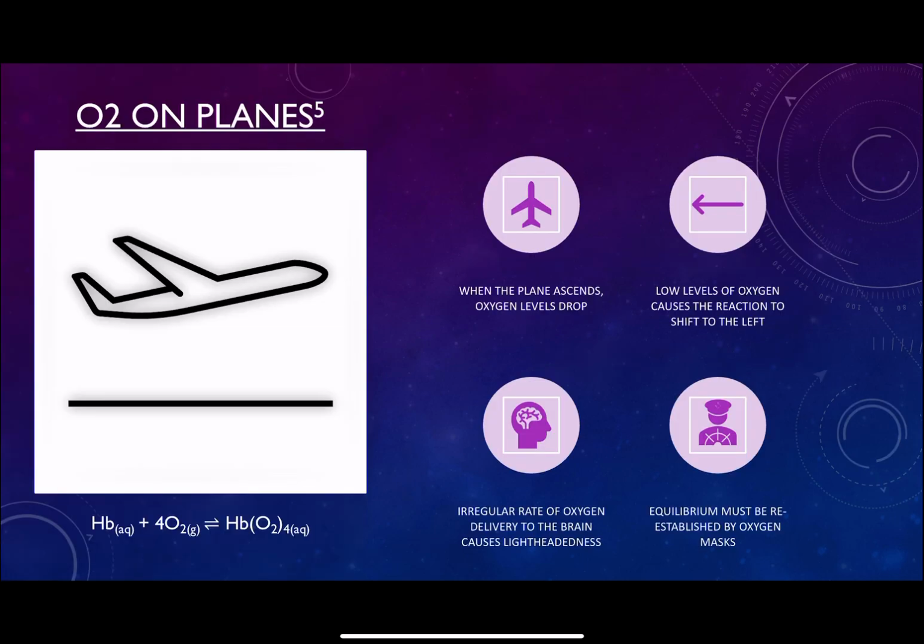Picture this. You're taking off the runway, and as the plane ascends to a significant level above the sea, oxygen levels begin to drop. You know that this drop in oxygen relates back to Le Chatelier's principle. Since there is a decrease in the partial pressure of oxygen, equilibrium shifts to the left, which results in a lack of oxygenated hemoglobin. Since oxygen is not being delivered to tissues at its regular rate, your brain is deprived of oxygen, causing you to feel lightheaded.